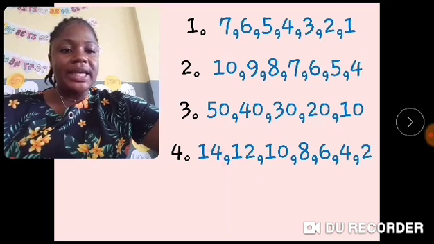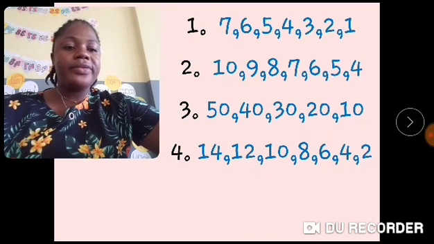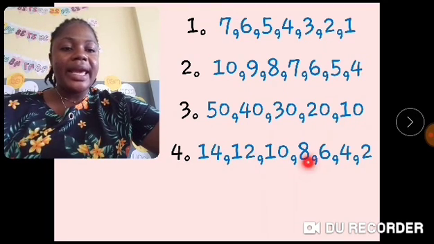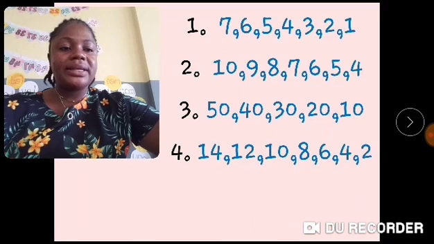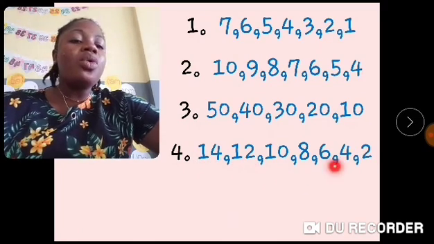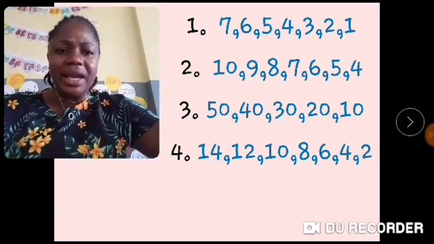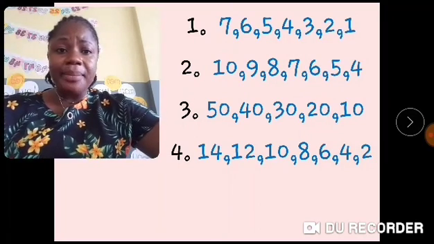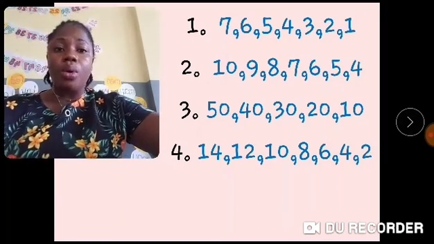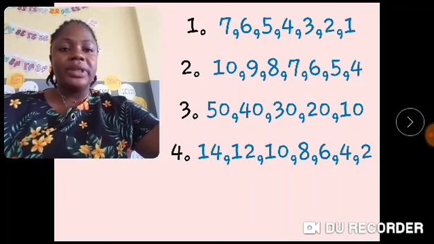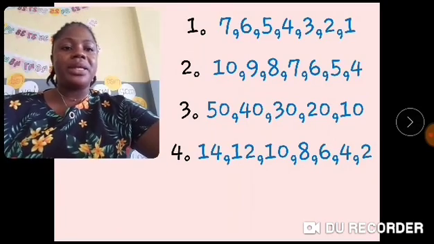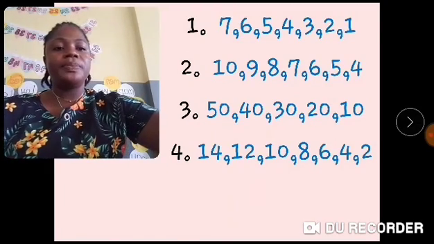So 14, 12, 10, 8, 6, 4, 2. So as you are going, the numbers decrease. The numbers become small. That is with the what? Descending order of numbers. Okay, good.